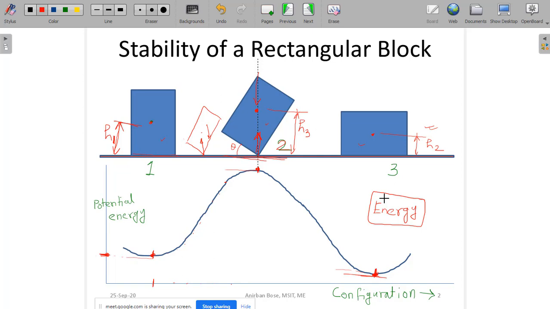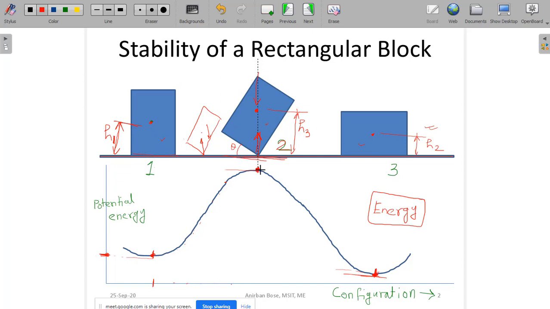So you can understand that we can see 3 equilibrium positions, but at the same time you can also note that this particular equilibrium is not a very stable equilibrium, because if you slightly deviate from this position, it will not come back to its initial position. Whereas configurations 1 and 3 are such that if you slightly deviate from the position, it will again come back to its position.